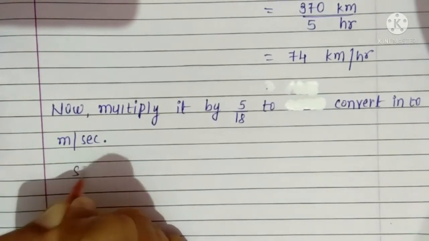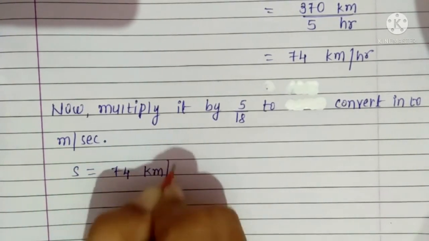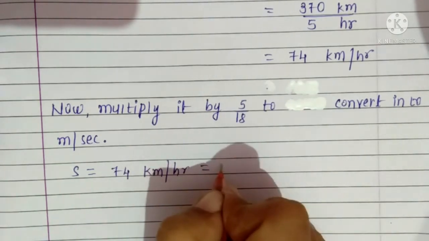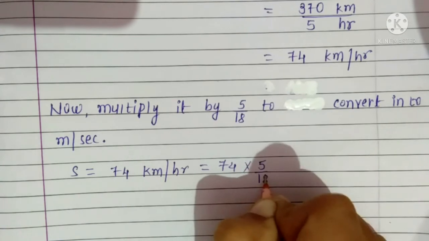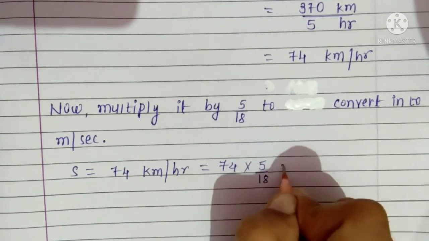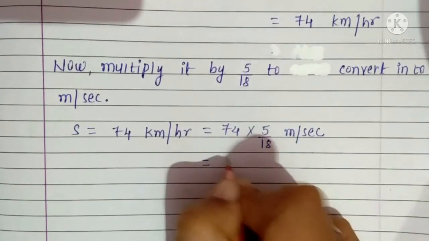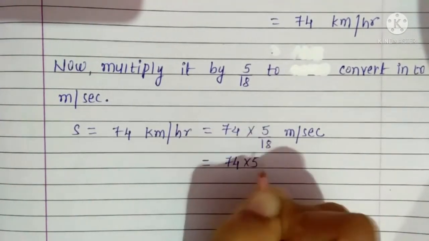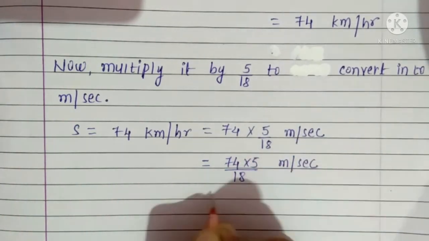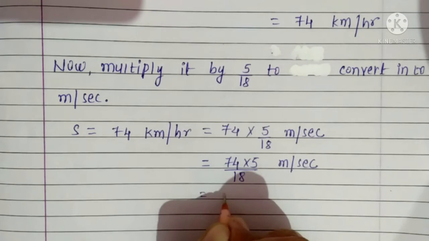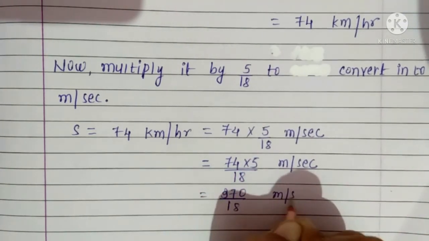So, speed is equal to 74 kilometer per hour is equal to 74 multiplied by 5 upon 18 meter per second. And this is equal to 370 upon 18 meter per second.